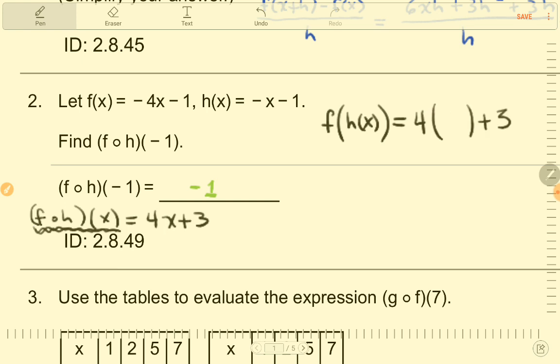I'm going to put in a negative 1 this time. And so I'll get negative 4 plus 3 is negative 1, which is the same answer I got before. And that's composition of functions.